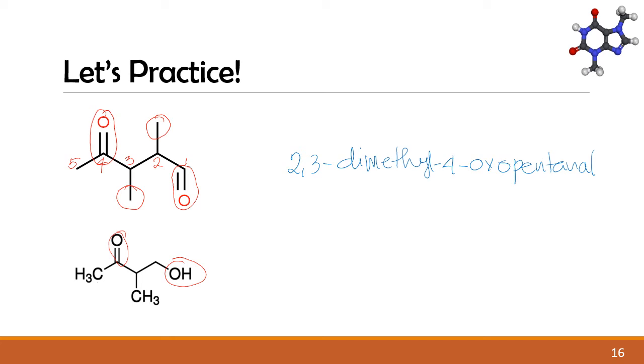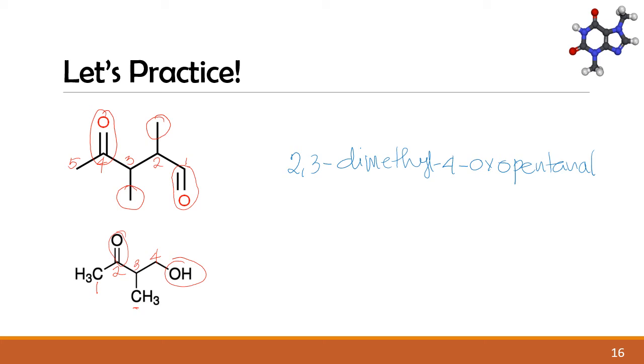This means this is carbon 1, 2, 3, and 4. Note that we don't number this as carbon 4 because our LCC must also include the substituent that has higher priority over this alkyl. So our LCC has 4 carbons.